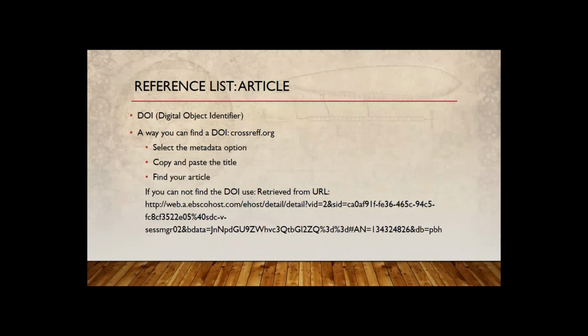The best way to find a DOI is to go to crossref.org and select the metadata option. Copy and paste the title and you'll find your article that way. Then copy the DOI and paste it into your reference list, unless your EBSCO or Galileo already has the DOI attached, which is usually the case.